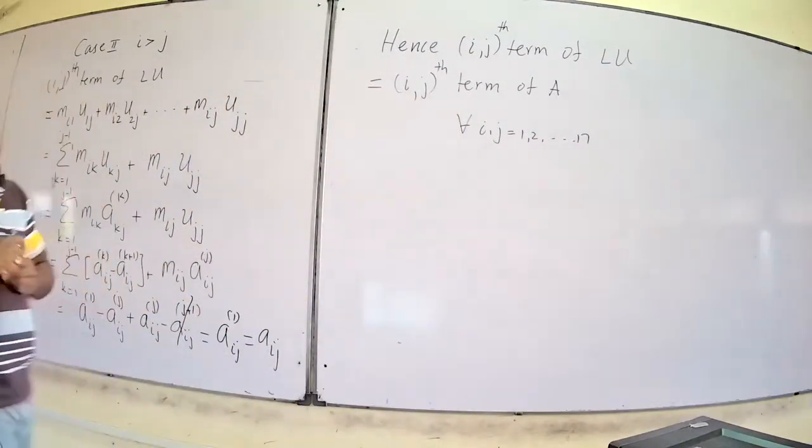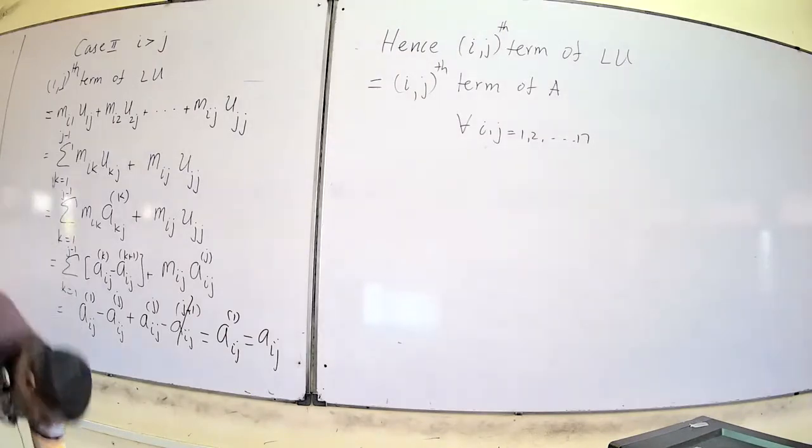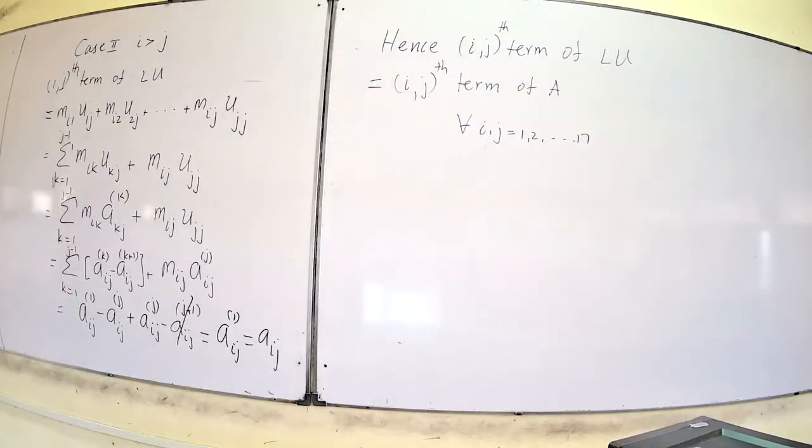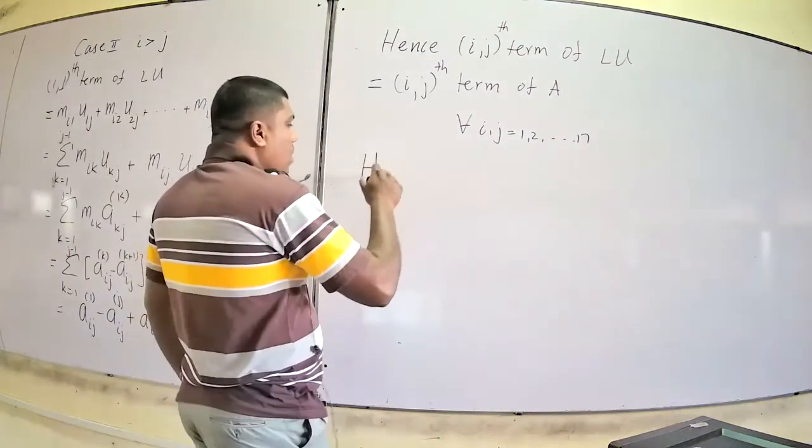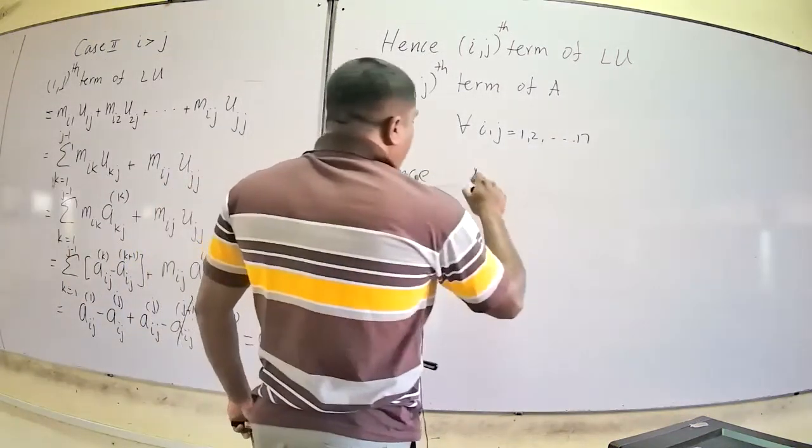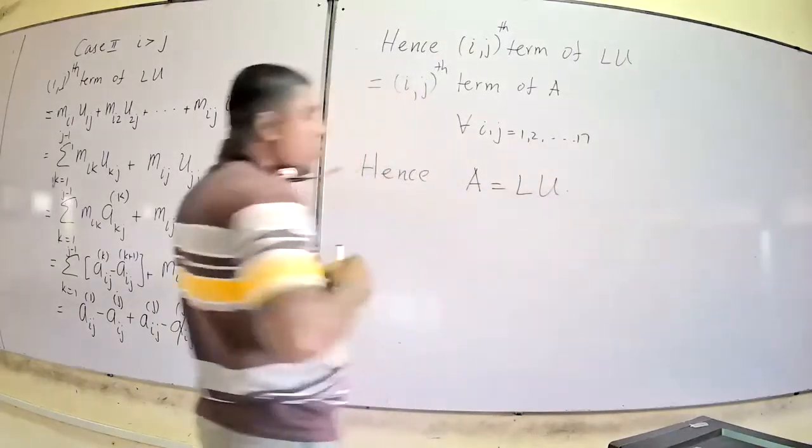What we proved so far is when i is less than or equal to j, the ijth component of this multiplication is the ijth component of A. And when i is greater than j also, the ijth component of the multiplication is the ijth component of A. So in both ways, we show that the ijth component of LU is the same as the ijth component of A. Hence, A is equal to LU.